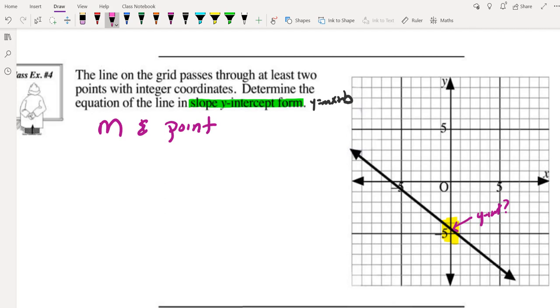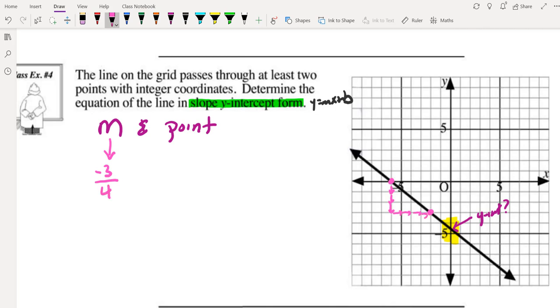You can pick any 2 points on the line. I'll pick this one here, and I'll pick this one here, all right? And determine our rise over run. So we're going in the downward direction, 1, 2, 3. So our rise is -3. Our run is 1, 2, 3, 4. So the slope is -3 over 4.